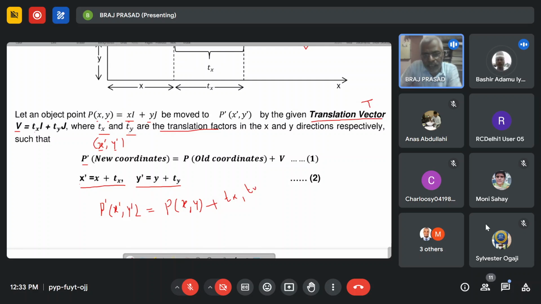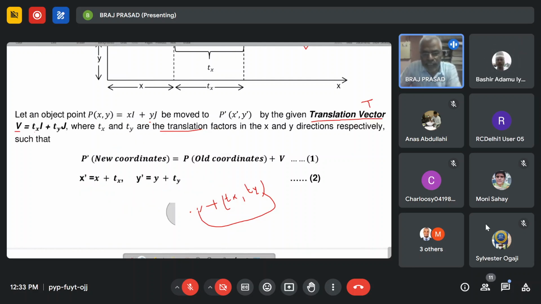If we add tx with x we get x dash, and if we add ty with y we get y dash, that is y plus ty. In this way we can calculate the new coordinate of the object after translation.